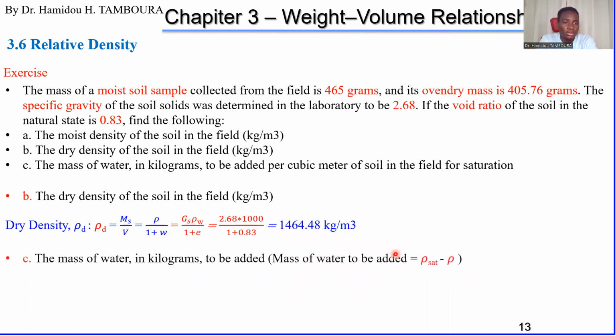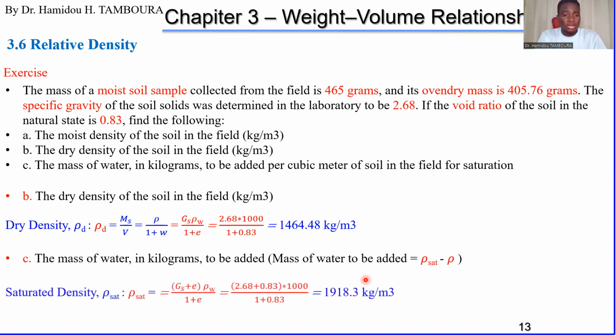And the last one, the mass of water we have to add. That one is easy actually. You just take the saturated density minus the current density, the actual density you have. Okay, so by doing that, you can obtain the density of the water you need to add to obtain saturation. Yeah.